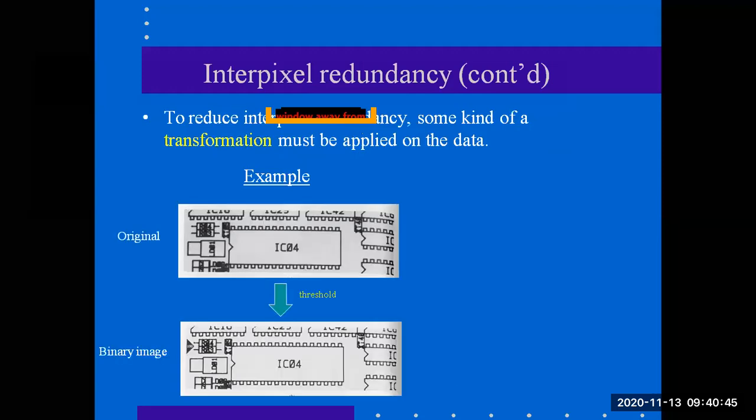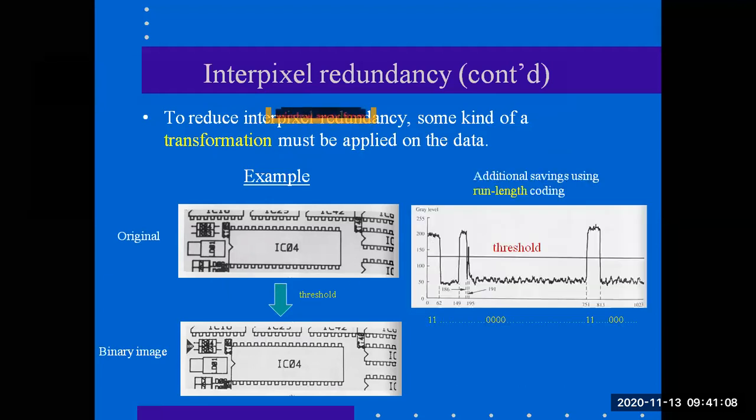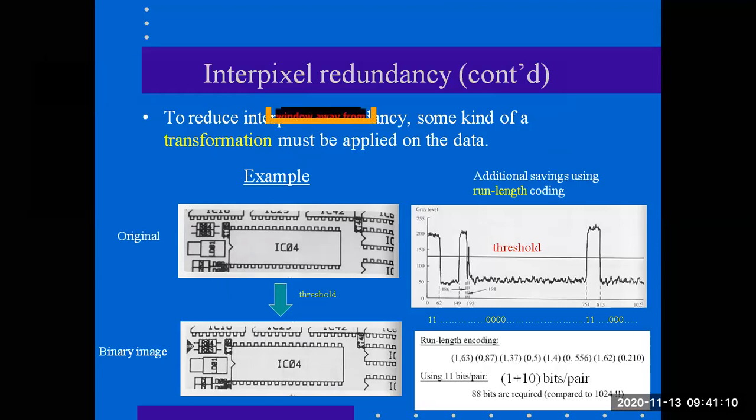Next, to reduce the interpixel redundancy, some kind of transformation must be applied on the data. Here there is an original image and a binary image. The transformation techniques we have already completed in our previous units. For suppose, what is the threshold value for this one?